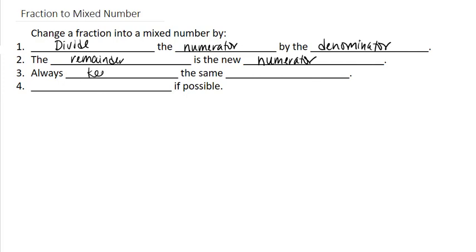And then we're always going to keep the same denominator. And we're always going to reduce if possible. So let's look at an example on how to do this.